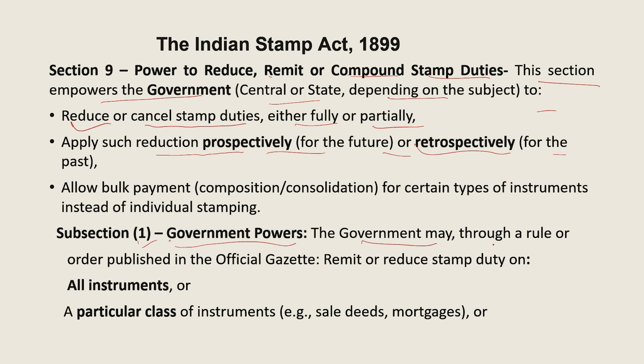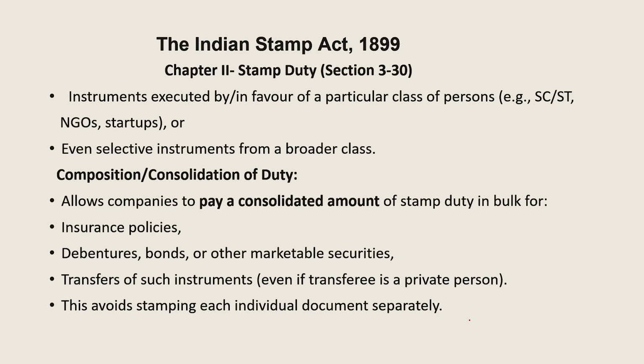The government may, through a rule or order which is published in the official gazette, remit or reduce the stamp duty on either all the instruments or any particular class of instrument, for example the sale deed or the mortgage, or maybe an instrument executed by or in favor of a particular class of person, that may be SC, ST or NGO, or it may be any kind of a startup.